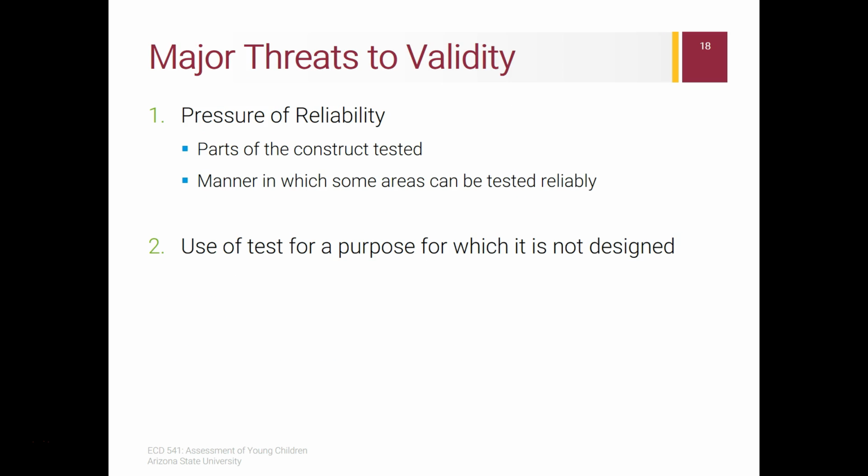There are 2 major threats to validity. The first comes from the quest for reliability. There is a dangerous trend that in the quest for highly reliable assessment, only the more easily and reliably assessed parts of a construct are assessed.